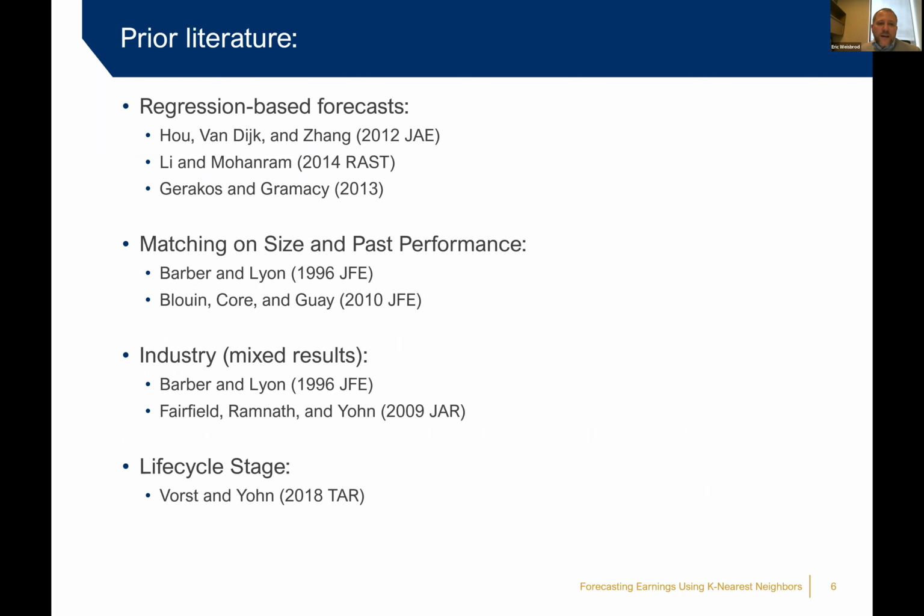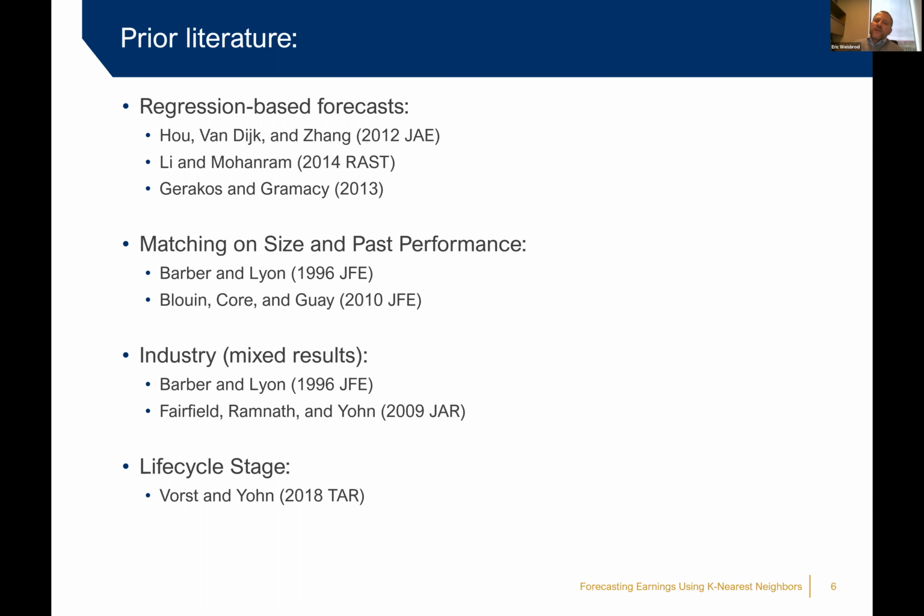And it sounds like a lot of people have a strong background in the prior literature, but I would say we fit in a few places, mainly to the literature on model-based forecast. So a lot of the recent papers have focused on regression-based forecasts. There are some prior papers that use matching, but not using nearest neighbors.